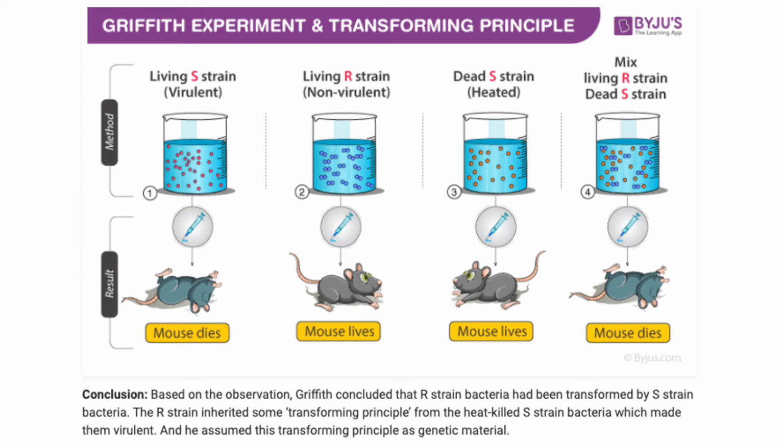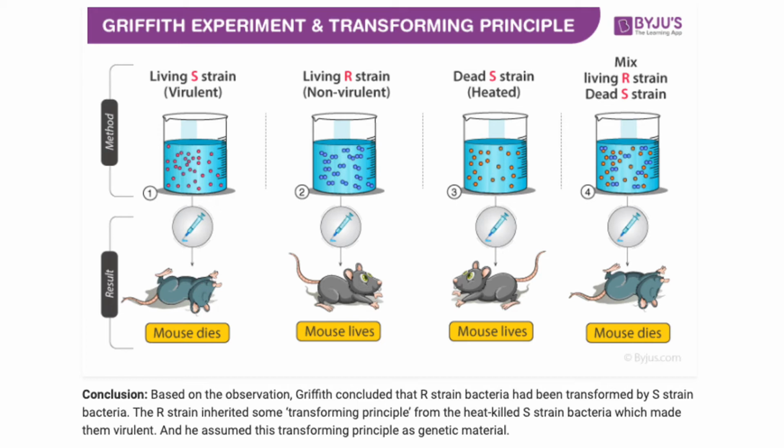That showed that there was a transforming principle that would transfer the virulence property from the dead S strain to the R strain, making that R strain deadly, which killed the mice.